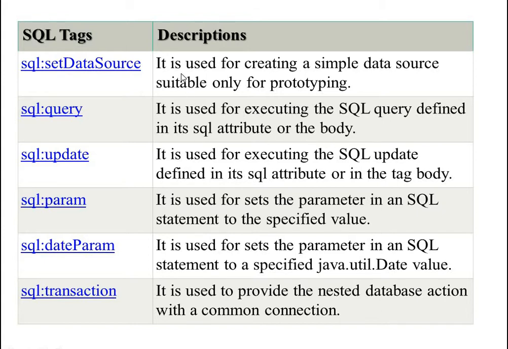So basically when we make the connection to the database, we have to do the driver registration, and then we have to make the connection. So instead of writing Class.forName, instead of writing that connection URL and the DriverManager.getConnection method, we'll write only this sql:setDataSource as well as the sql:query.